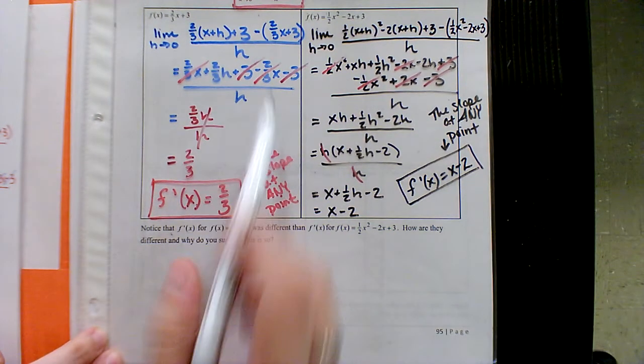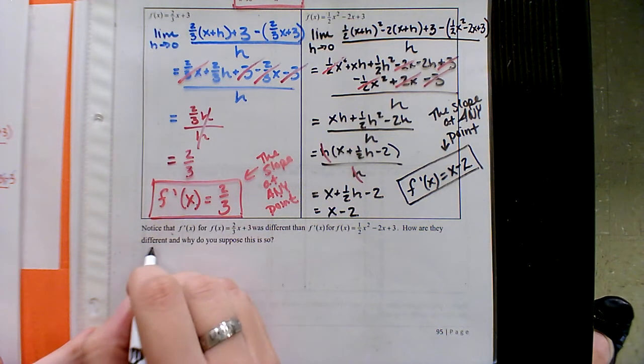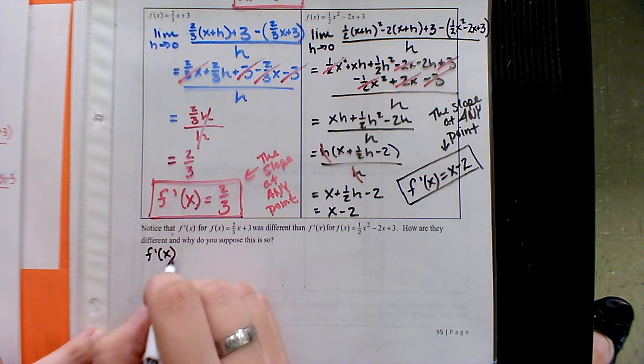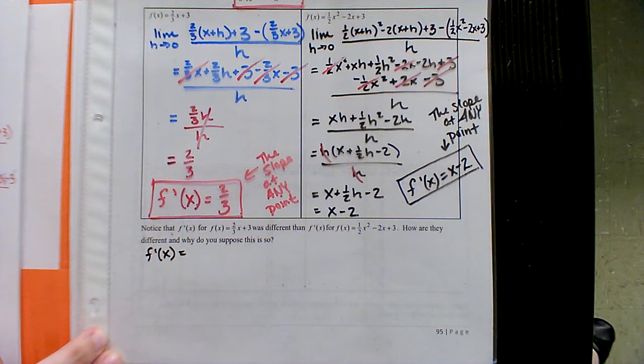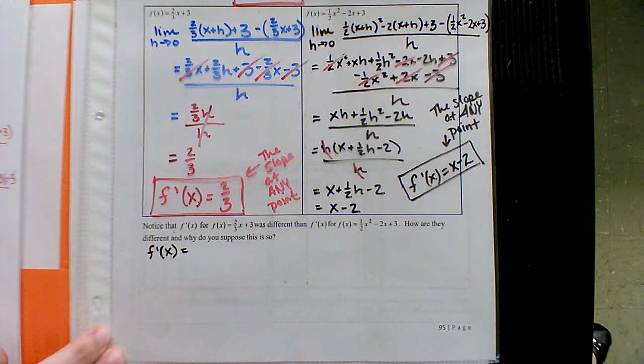Let's think about this. In the first block on the left-hand side, if you're left with 2/3, what type of function is 2/3? Linear, quadratic, cubic, absolute value? If you have just a number, what's the name of that type of function?